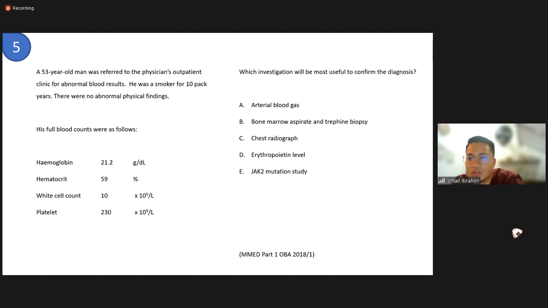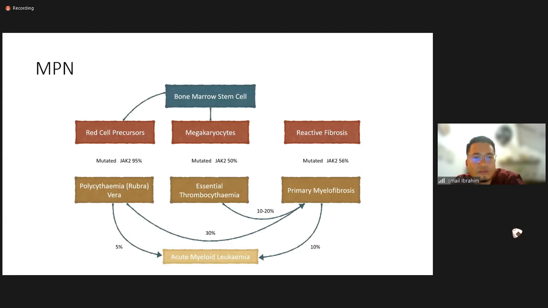So the investigation that we tend to do to diagnose polycythemia rubra vera is JAK2 mutation. Myeloproliferative neoplasm is a family of conditions involving either polycythemia rubra vera or essential thrombocythemia and primary myelofibrosis.